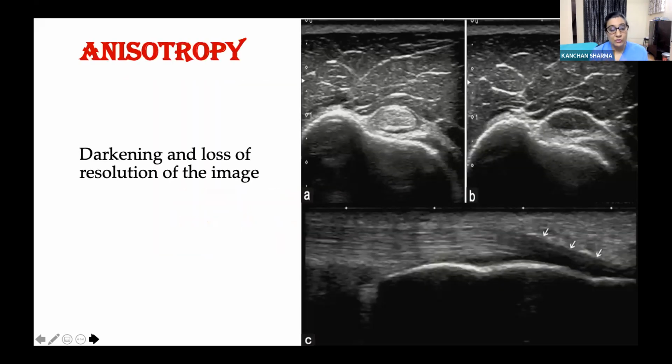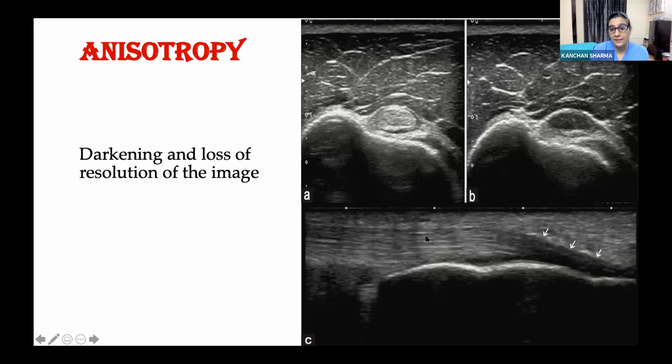Some artifacts which we will be talking about very often, anisotropy is one among them. I have already shared with you before that if your beam is not perpendicular, then you will not be able to see that structure properly, and that structure is going to appear darker to you. There will be a loss of image resolution. Fine, this is what has happened here.